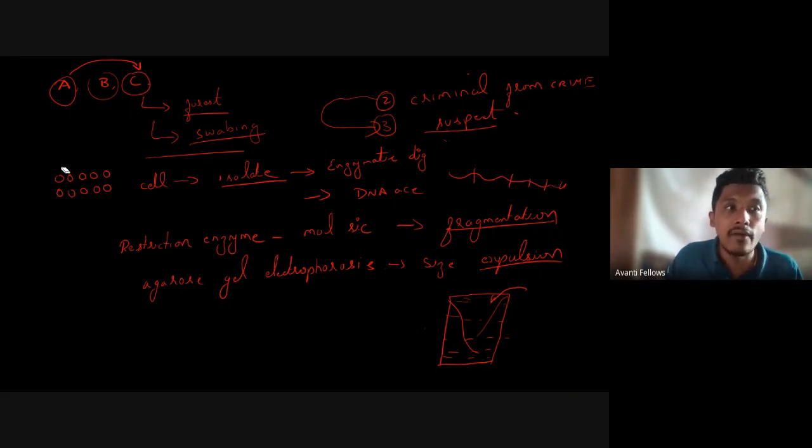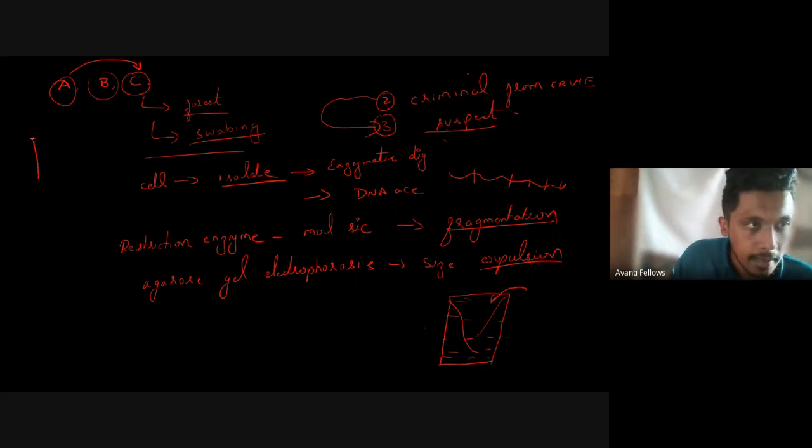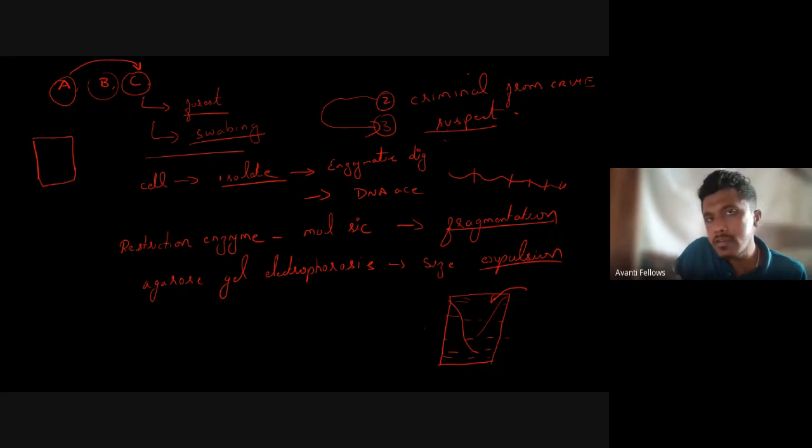Now we have a gel bed like this. What are we supposed to do? We drill wells. Wells means small holes at one end of the agarose bed. Now I introduce my DNA fragments, which are labeled.